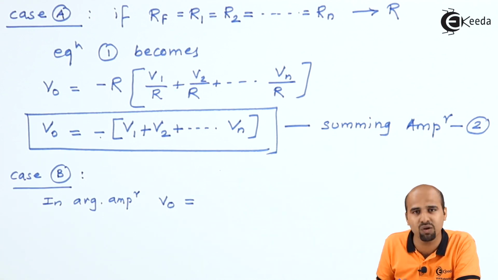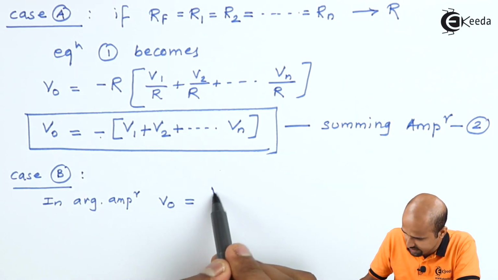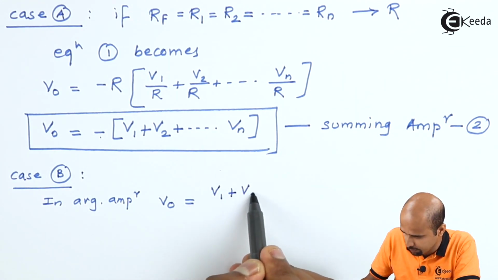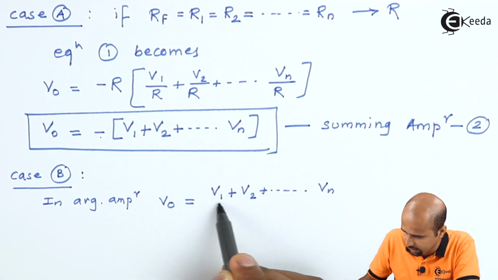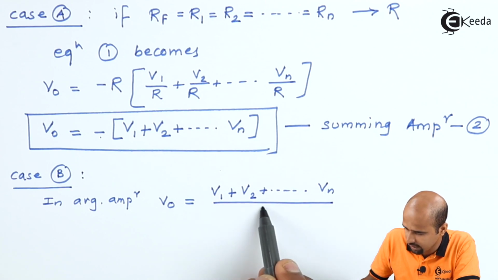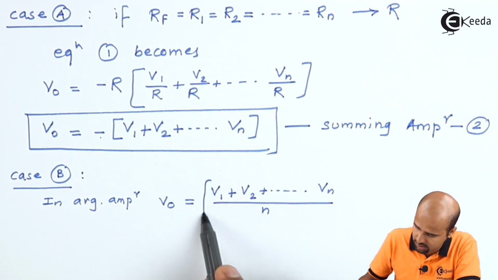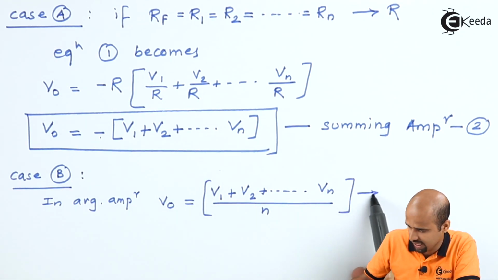So if n number of voltages are present, then it should get divided by n, that is n integer. I will say that the expression should be V1 plus V2 up to value Vn divided by the value n. So this is the required expression. I will name this as the required expression.